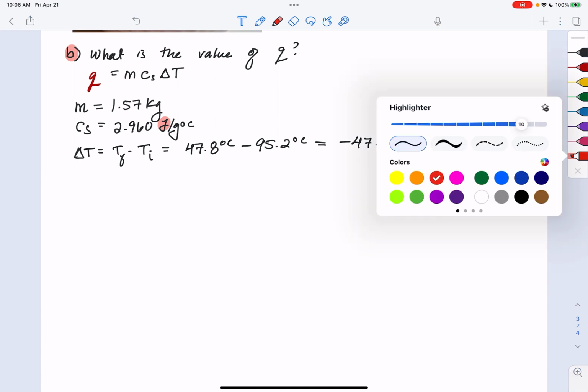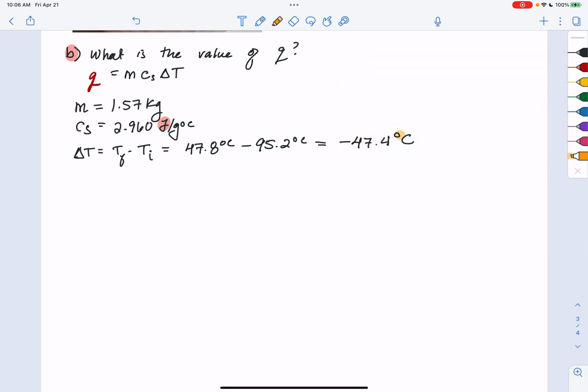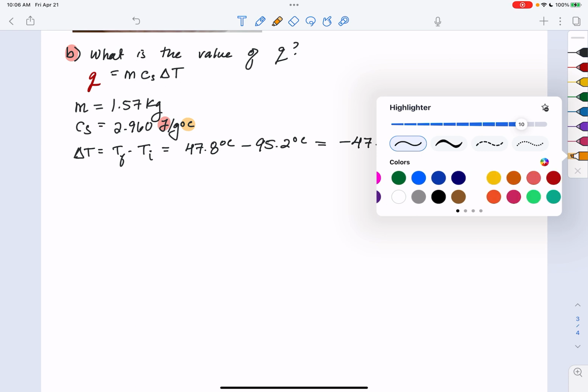For my temperature, I do indeed have a degree C, which will cancel with my specific heat capacity.